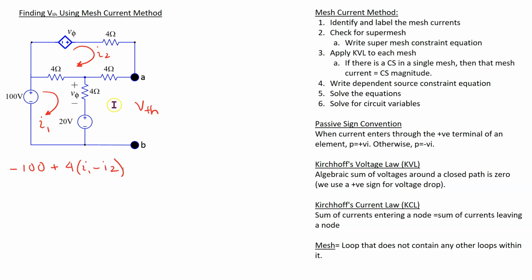And then moving on to this resistor, we get 4I1. And then for this 20 volt source, I1 is entering the terminal marked plus, leaving the terminal marked minus. Going from plus to minus is a voltage drop, so this is written with a positive sign under passive sign convention.